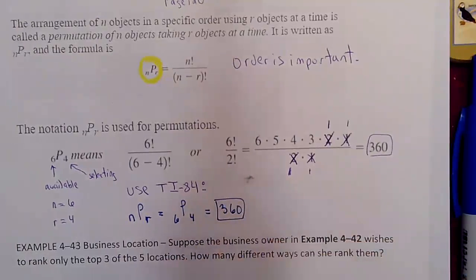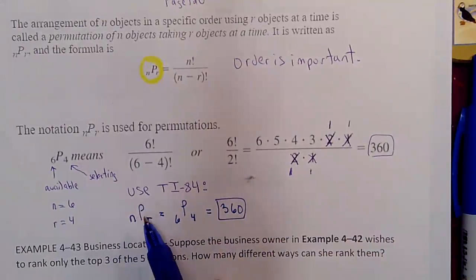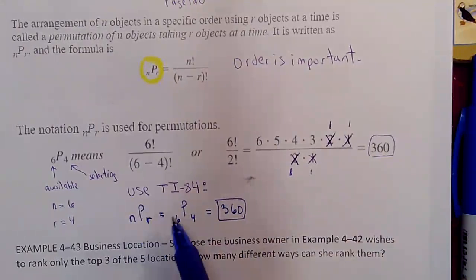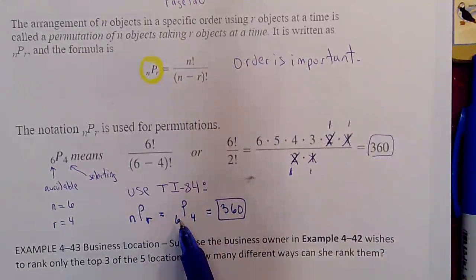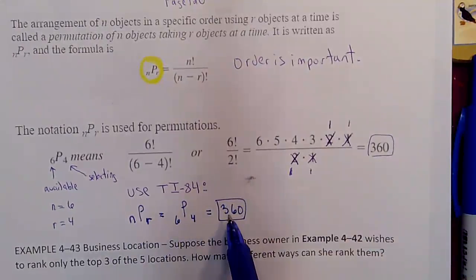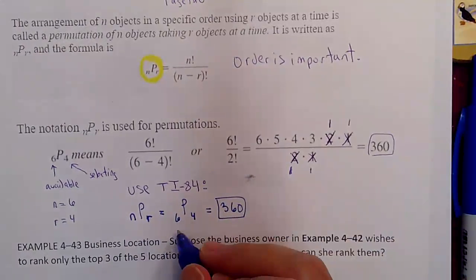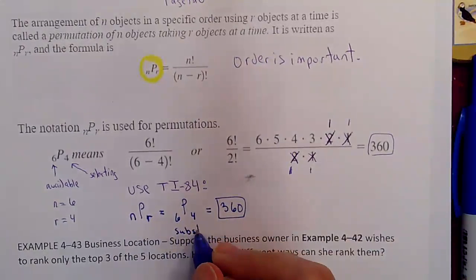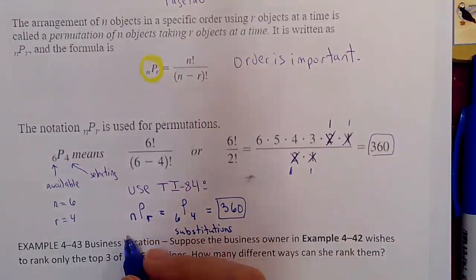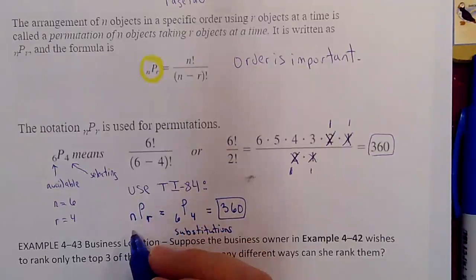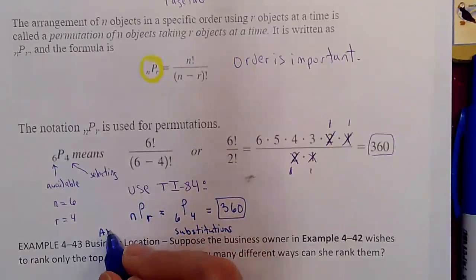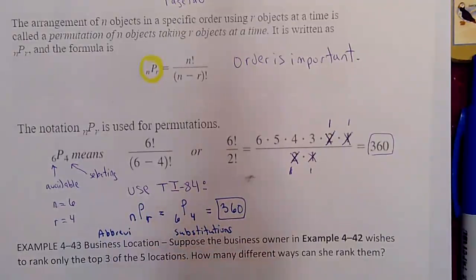If you were working your problem on a test, you put this abbreviation, you put your substitutions, and then you have your answer. Okay, so these are your substitutions. And you can say this is your formula or your abbreviation, or your symbol. You can say your symbol if you want.